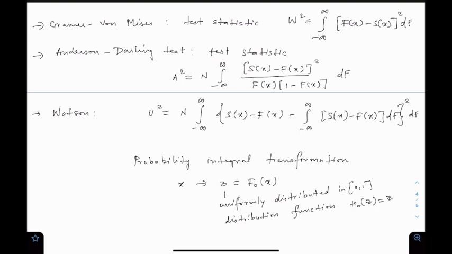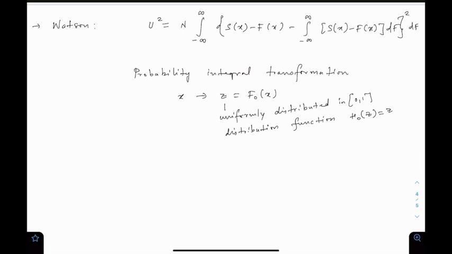With this transformed step distribution of the sample, we can write A squared equals n times the integral from minus infinity to plus infinity of (S*(z) minus z) squared.